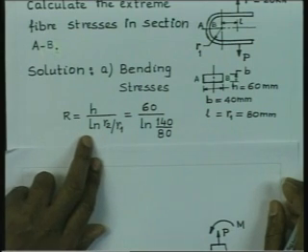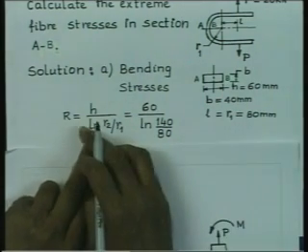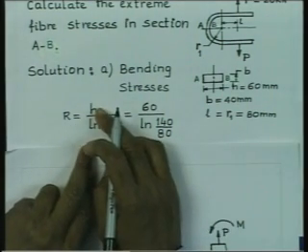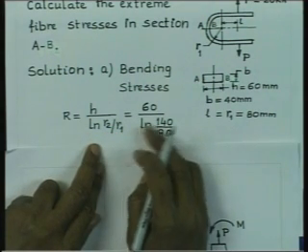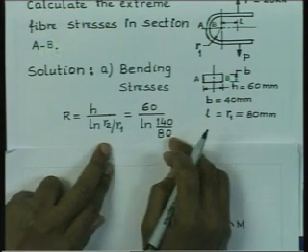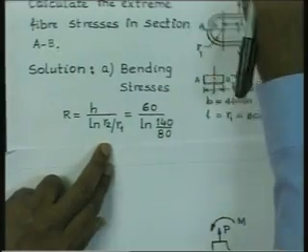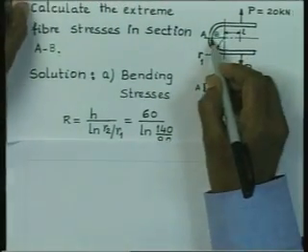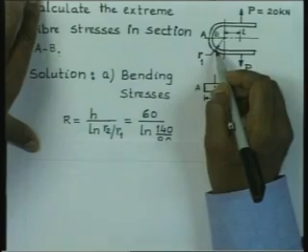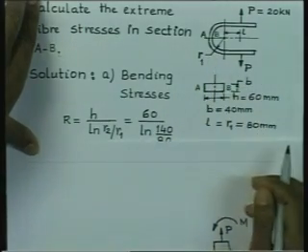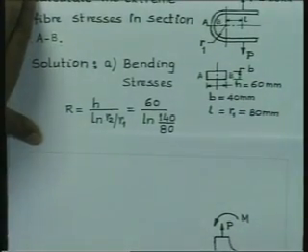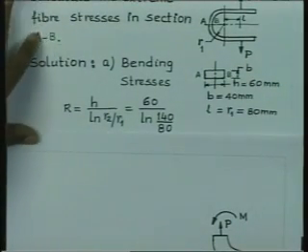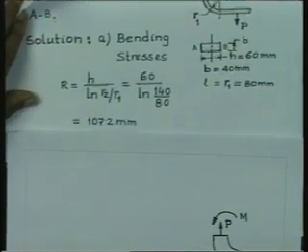If we make use of the formula that we have derived, R is going to be nothing but H by ln R2 by R1, which is 60 by ln. The inner radius is 80, so that is R1, and therefore R2 is going to be 80 plus 60, which is 140. So you have R equal to 60 by ln(140/80).